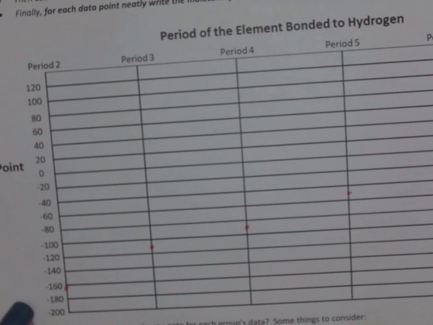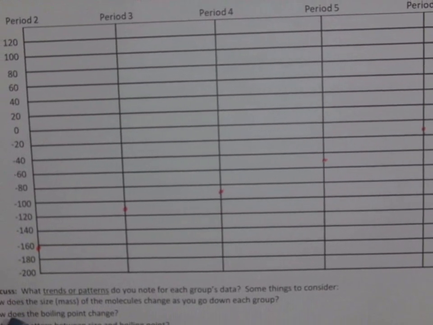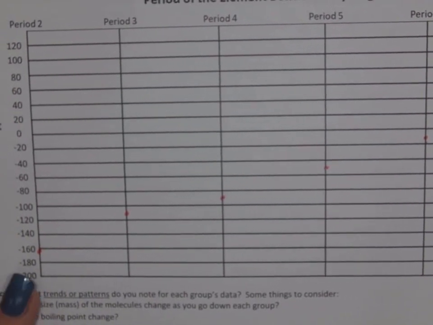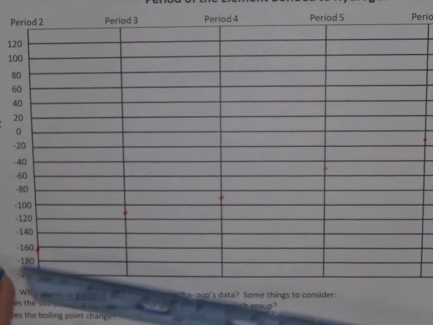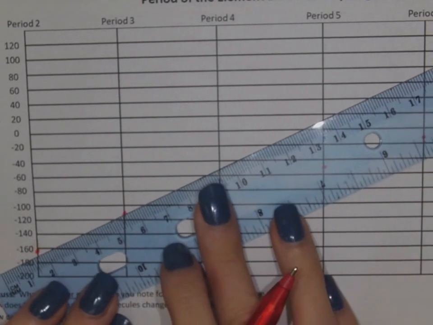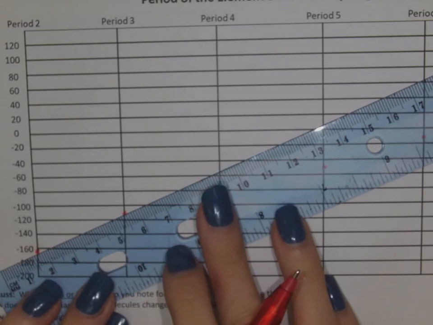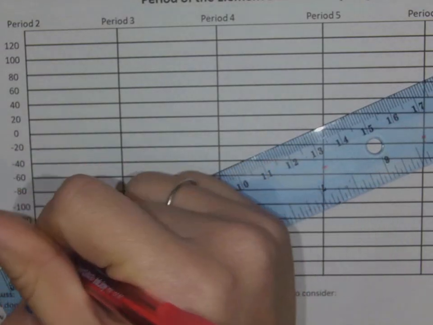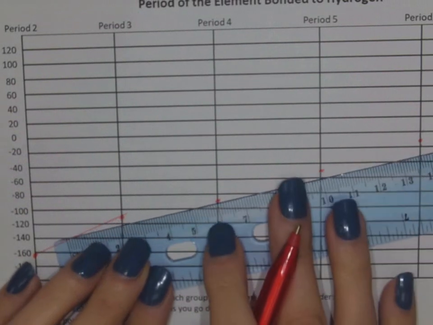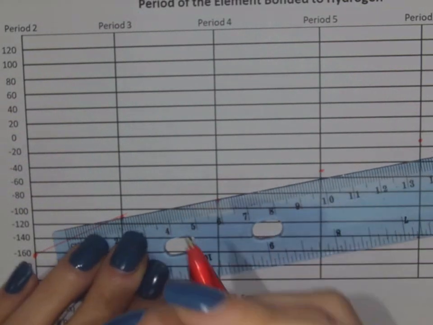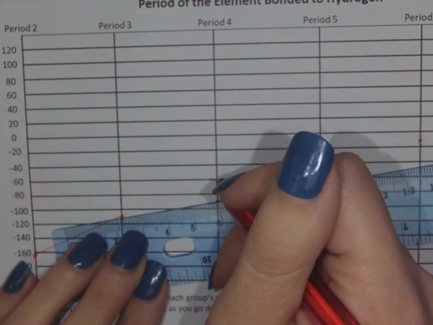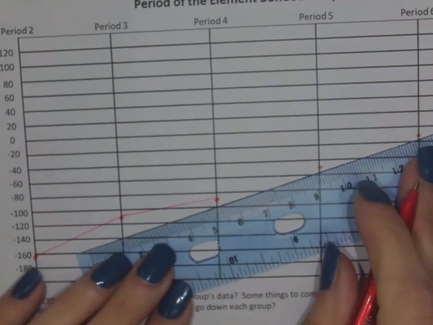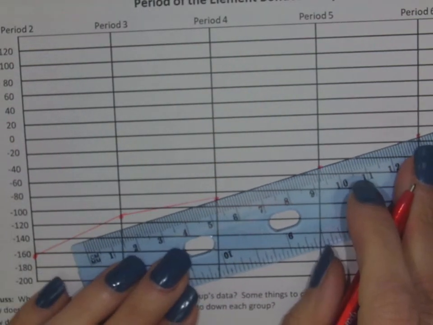Okay. So here's all those dots, and I'm going to have you take a ruler. I'll have them sitting next to the colored pencils, and we're just going to connect these lines. And again, I'm using the same red color because what I'm connecting right now is this group 14. And we can start to see a general trend.